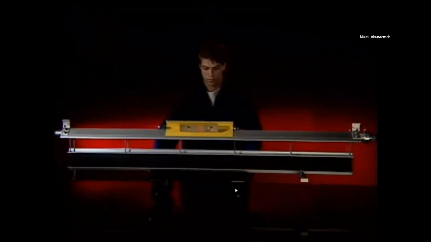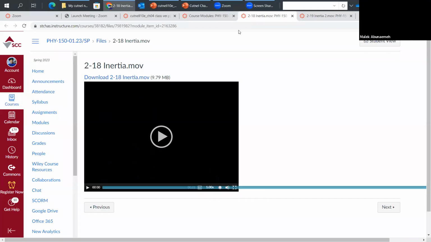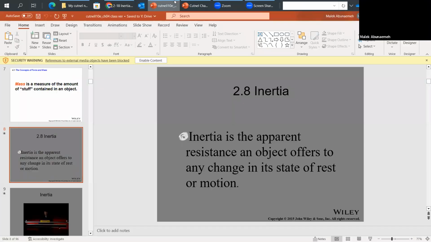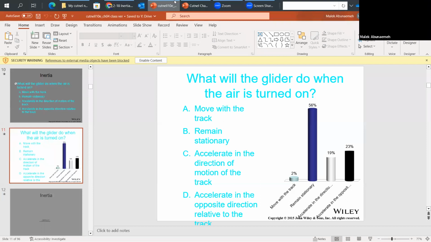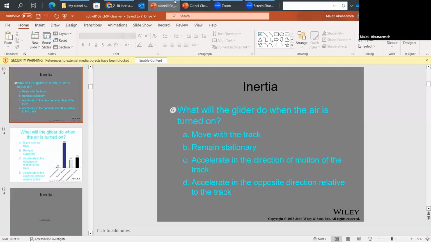So what would happen right now if we shift the track side to side? Would it move with the track, remain stationary, accelerate in the direction of motion, or accelerate in the opposite direction of the motion relative to the track?